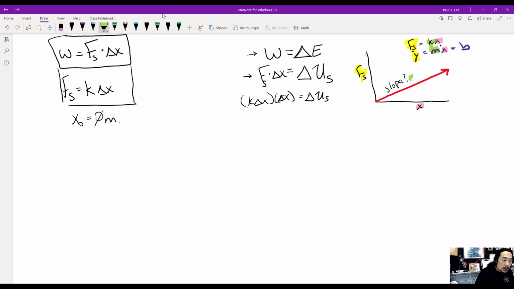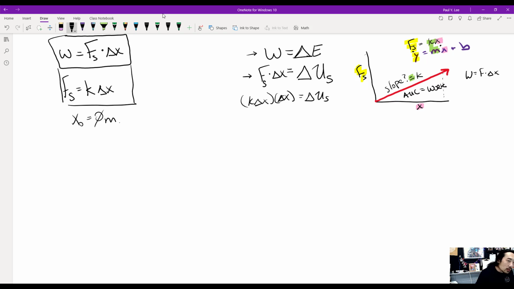So the slope is equal to k, the spring constant, how stiff that spring is. Now here we have a force times displacement graph, and we learned that when variables are multiplied together, that gives you the area under the curve. So this area under the curve is equal to the work done on the spring.